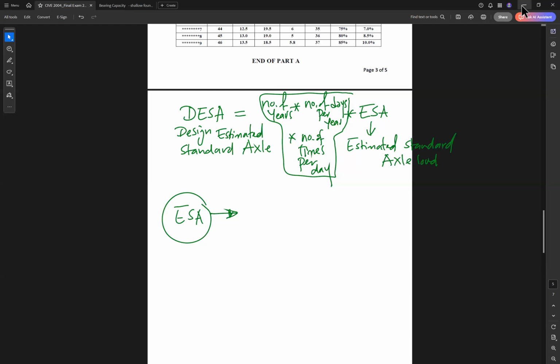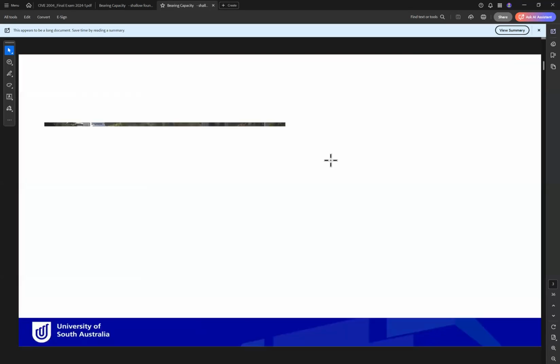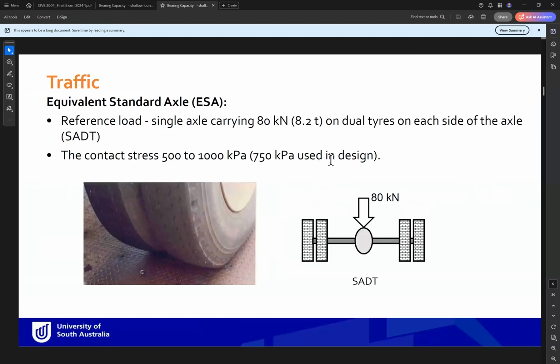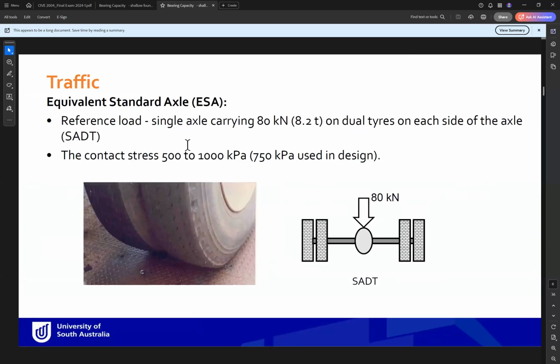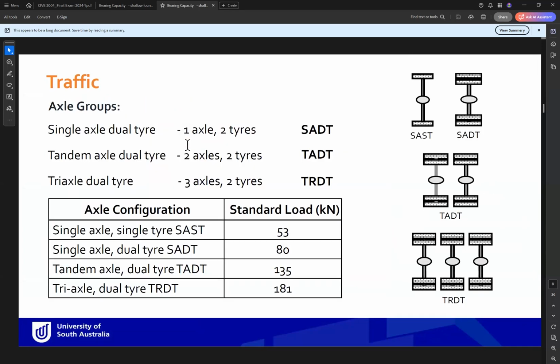If we look at road pavement part 2, this part here shows how the ESA, or the equivalent standard axle, is calculated. And these are the loads for standard tires. We will use this information in our calculation.